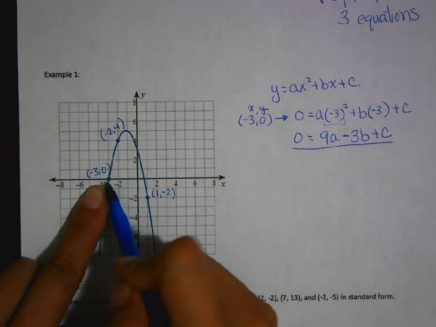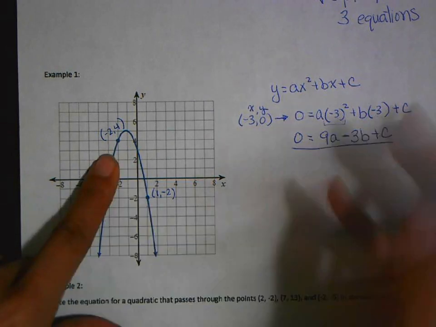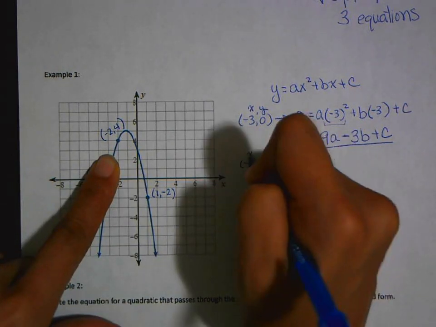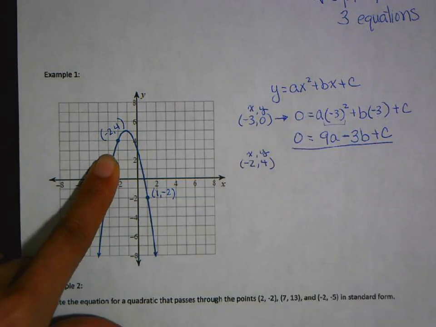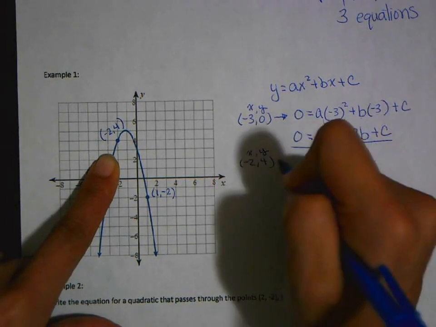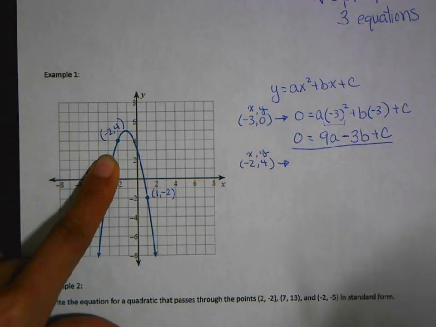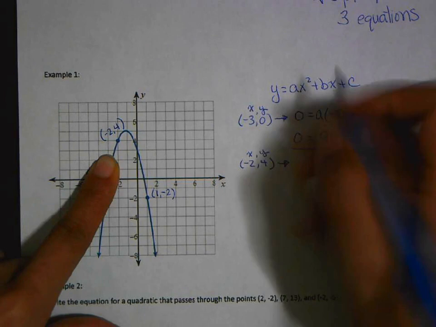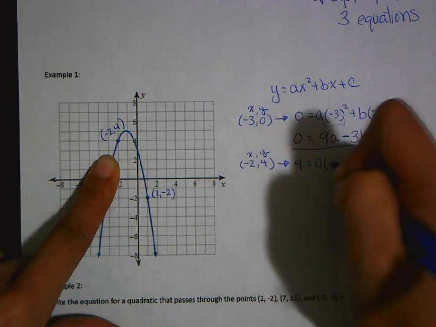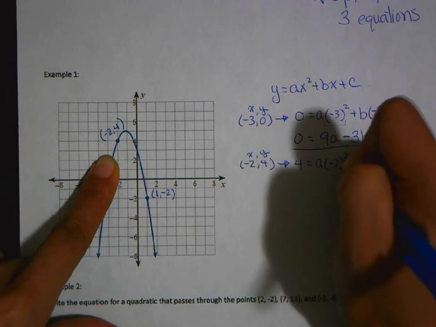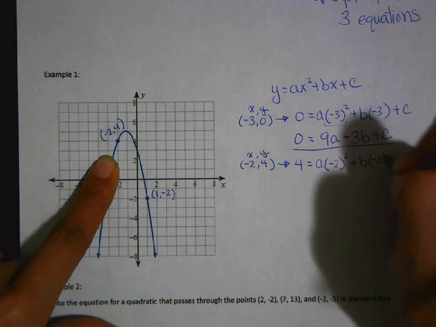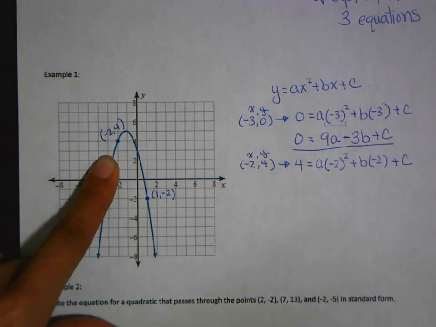So that's the first point. Second point, I'm going to use (-2, 4). That's my x, and that's my y. So x is -2, y is 4. Plugging it back into that standard form formula, y, that's 4, equals a times x, that's -2, squared, plus b times x, that's -2, plus c.